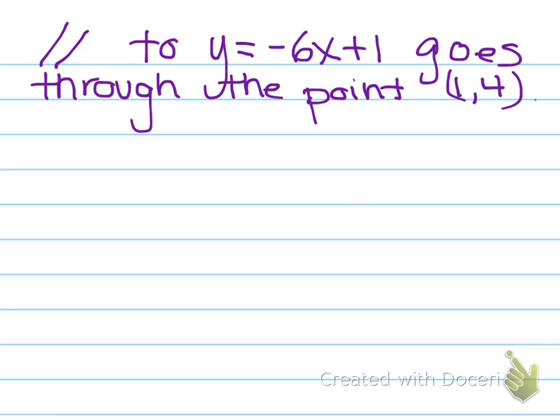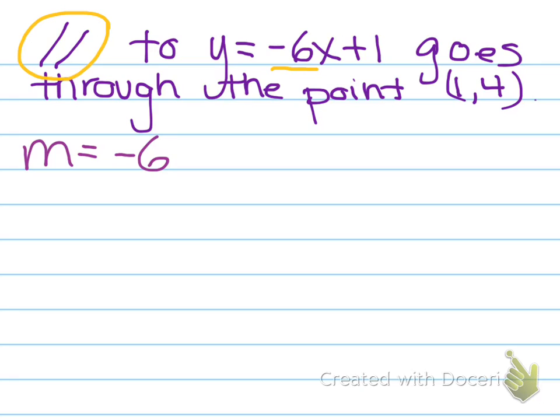Just like before when we were finding equations of the lines given 2 points, we found slope and then we borrowed one of those points to find b. It's the same type of thing, but now we need to recognize that we have the slope already. Because it said the word parallel and we were given an equation, we know that we are going to use the same slope. So for this scenario, m equals -6 still.